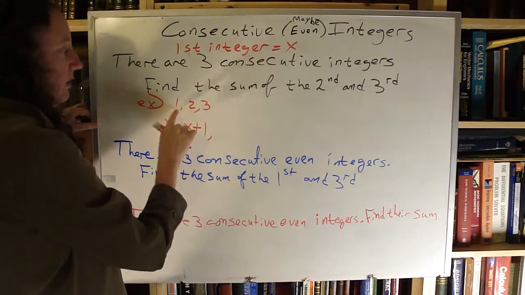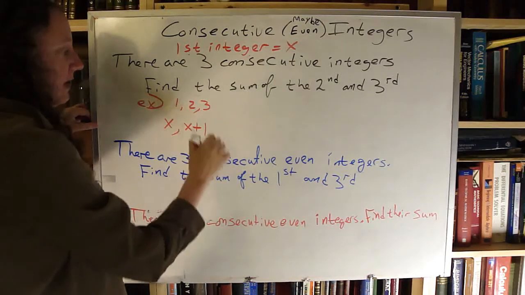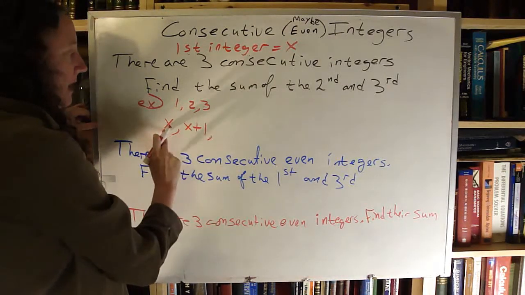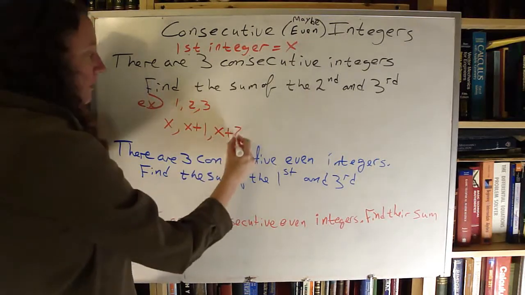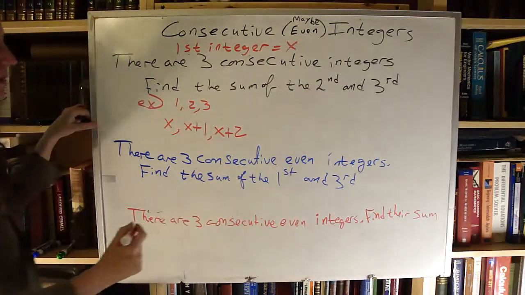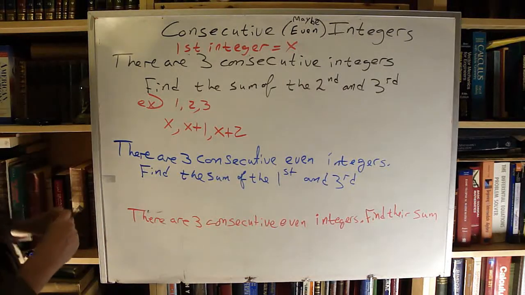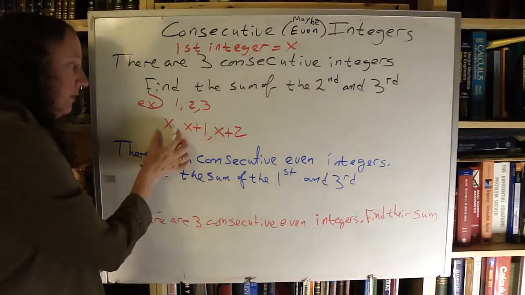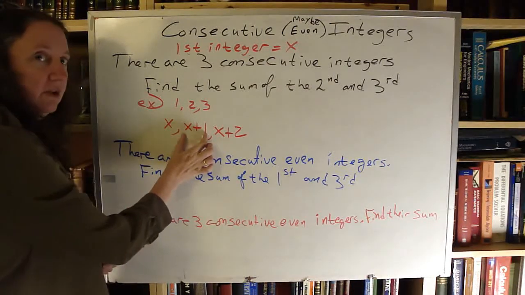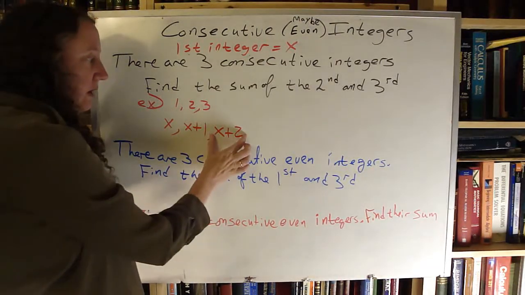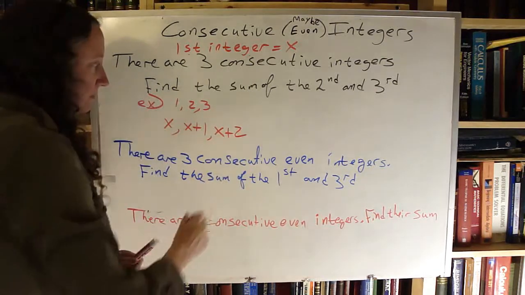My third one, to get from 1 to 3, I have to add 2. So I have my x plus 2. So now I've determined that my first integer is just x, my second integer is x plus 1, and my third integer is x plus 2.